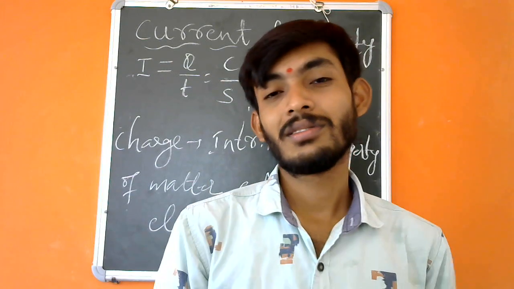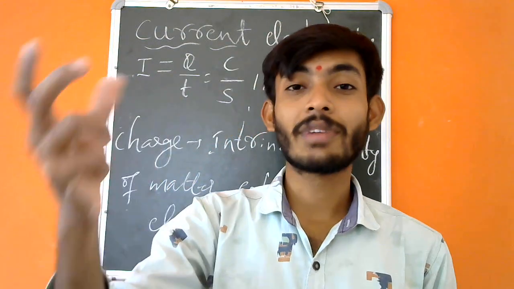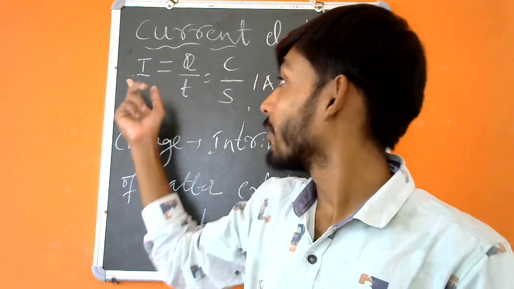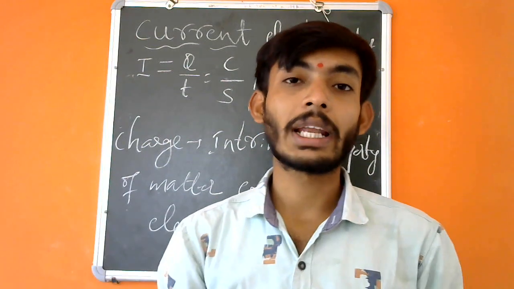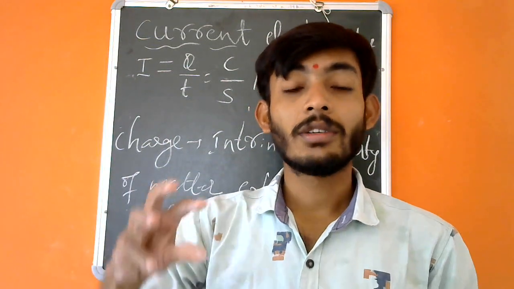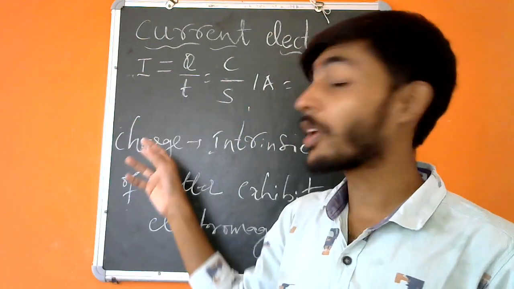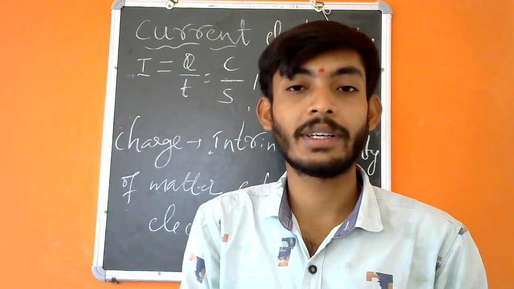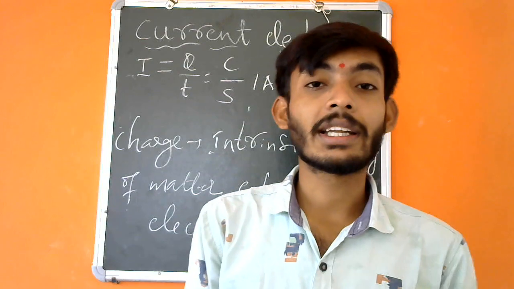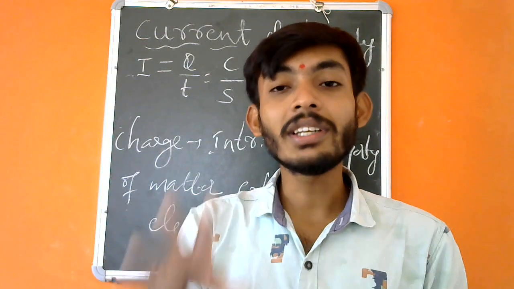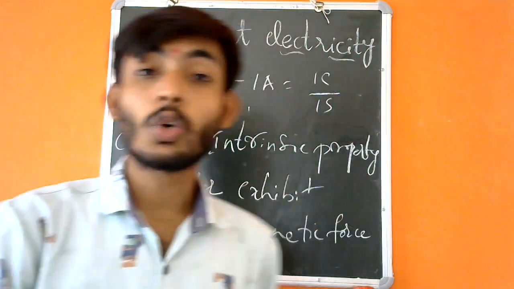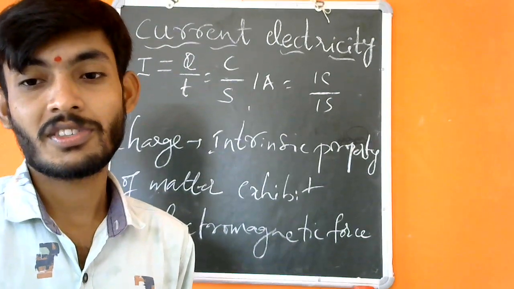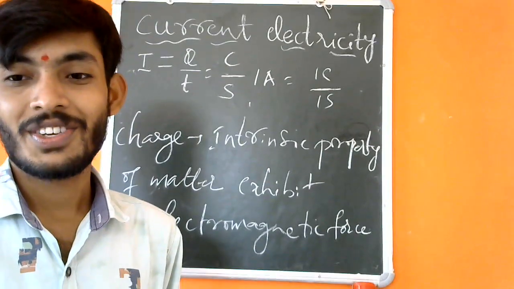The relation is I is equal to Q by T. The SI unit is coulomb per second, or ampere, and we have calculated the number of electrons in 1 coulomb of charge.